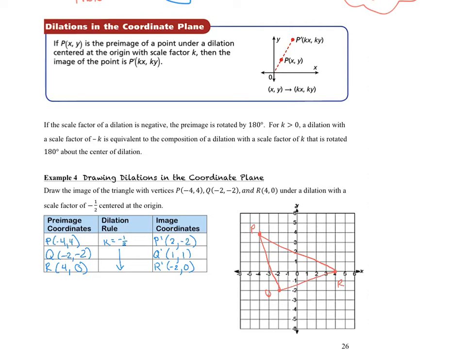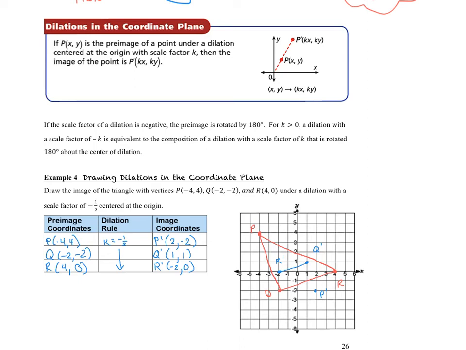And then we're going to shrink down this image with a scale factor of -1/2. When you take half of something, it's going to be smaller. So P prime is 2, -2. And Q prime is 1, 1. And R prime is -2, 0.